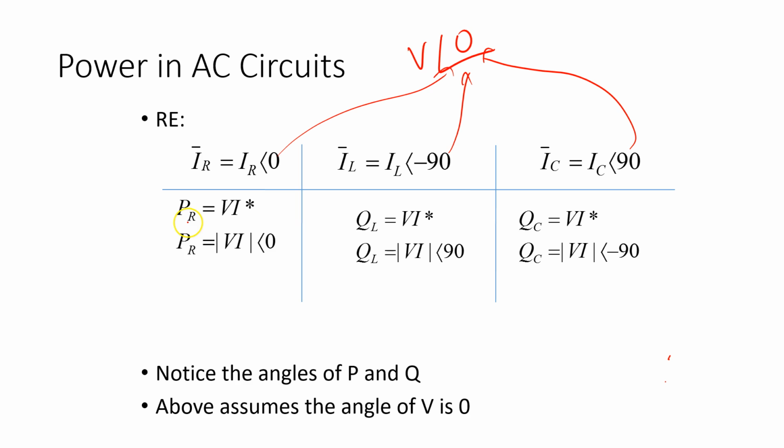So if I look at the power associated with the resistor, then when I take VI conjugate, it will be VI angle 0. Since the angle here is 0, the conjugate will carry the same angle. If I have the inductor, then when I take VI conjugate, I'm going to get VI positive 90 degrees. And when I look at the capacitor, I'm going to get VI negative 90 degrees. So notice the angles for power and current are the opposite.